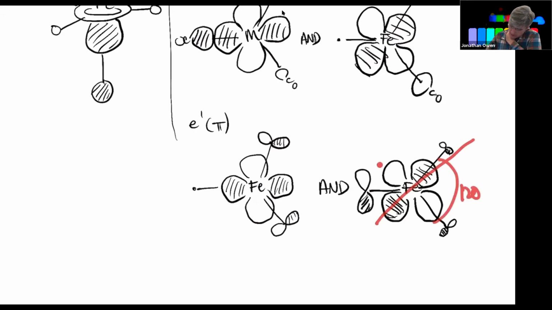And the d orbital angle is 90, right? So these p orbitals are outside of the maximum amplitude along the 90-degree angle. So it's this piece of it that's going to overlap and this piece of it that's going to overlap. Okay.